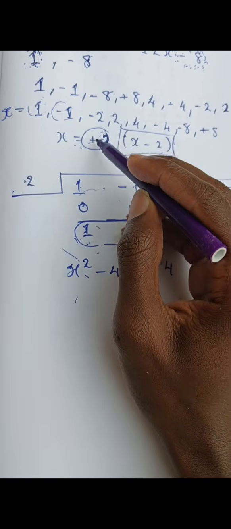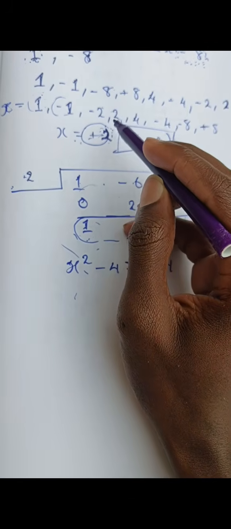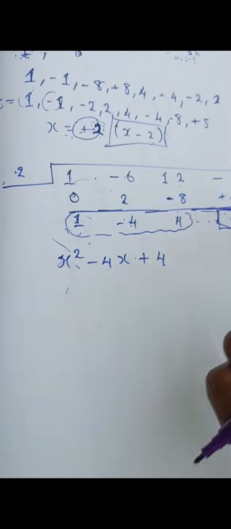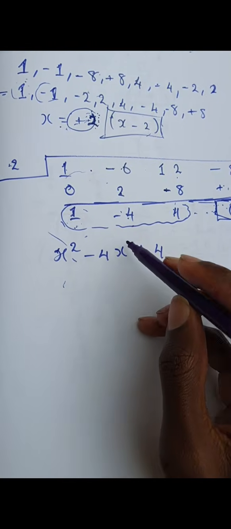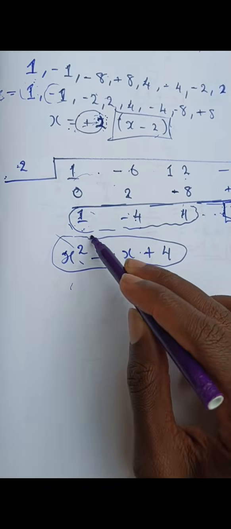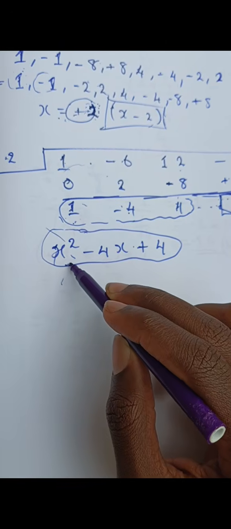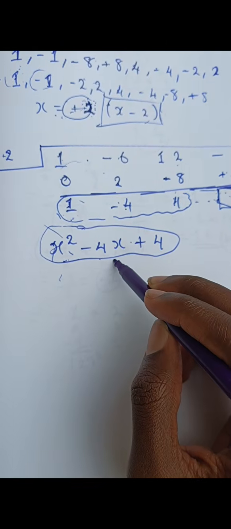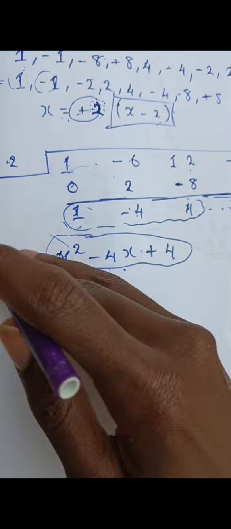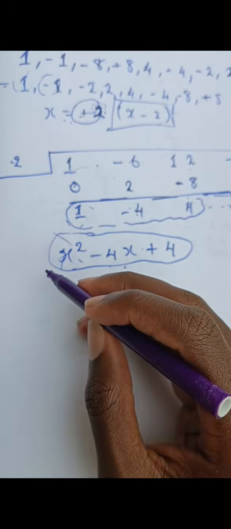Now remember, like I said, the reason why we found this factor, the reason why we just need one factor, is to help us find other factors. So we are going to proceed by finding the factors using this quadratic equation. I think this is simple grade 12 work. Almost everybody knows how to handle this question.